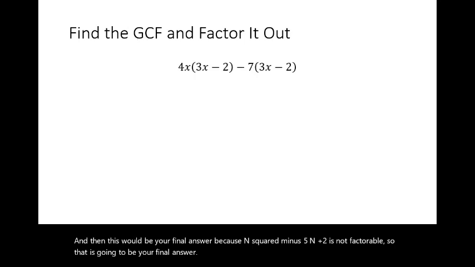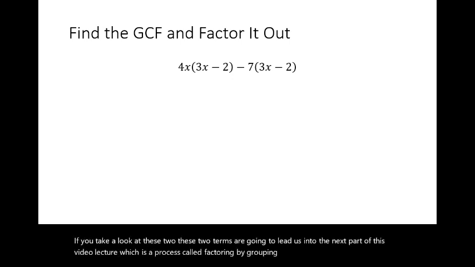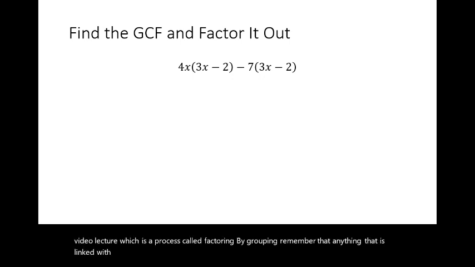Now if you take a look at these two terms, they are going to lead us into the next part of this video lecture, which is a process called factoring by grouping. Remember that anything that is linked with multiplication is all technically considered one term. So this 4x times 3x minus 2 is technically all one giant term.